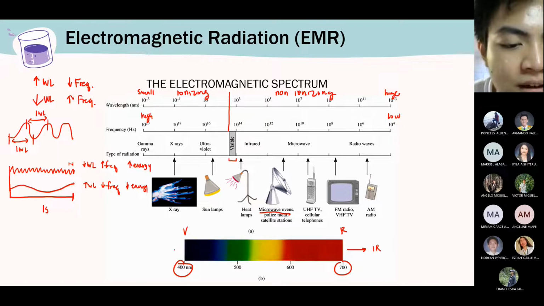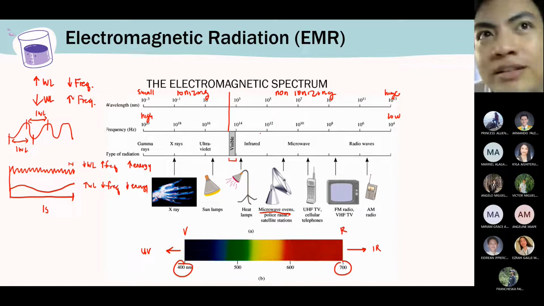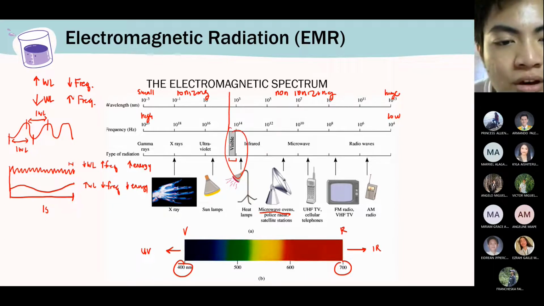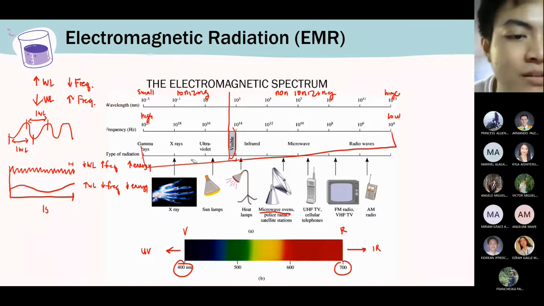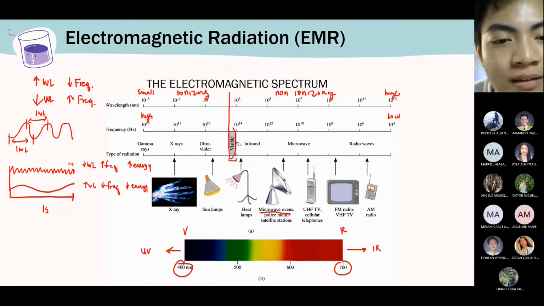And anything smaller than 400 nanometers is UV, ultraviolet. So the colors we see around us are just a small portion of a very wide spectrum. This is all we see, but look at the range of the spectrum. It's so big.